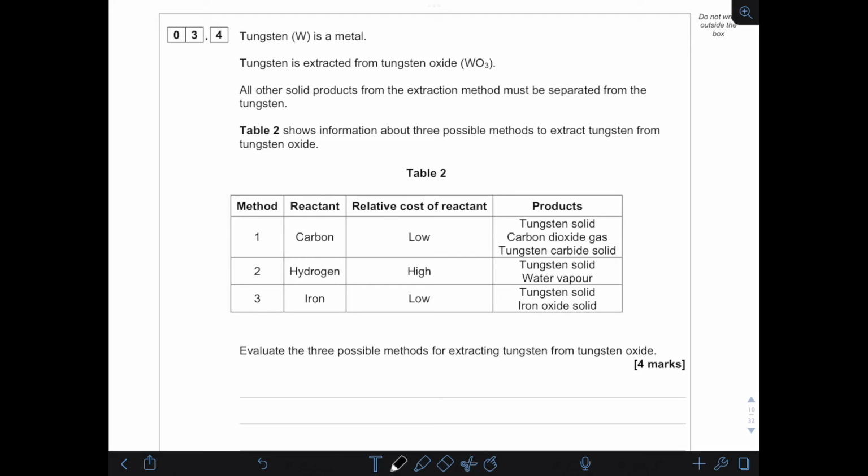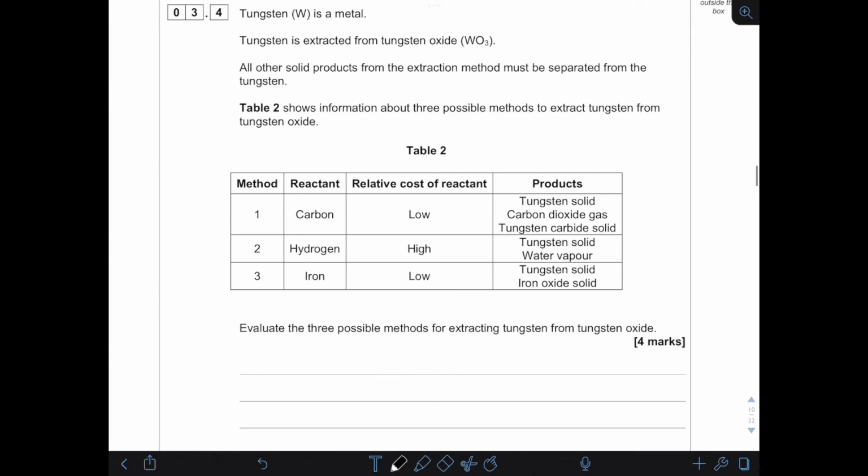Right, tungsten is a metal. It's extracted from tungsten oxide. And this is essentially just a separation question. So you can use carbon. It's cheap and it makes tungsten, CO2, and tungsten carbide.